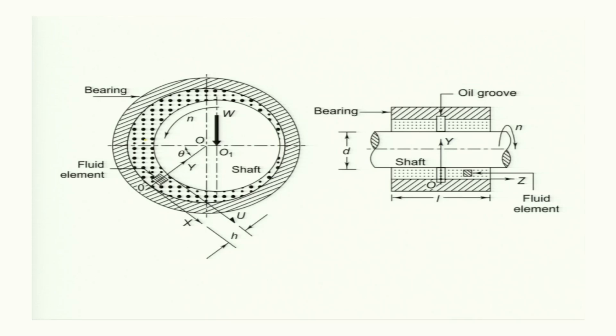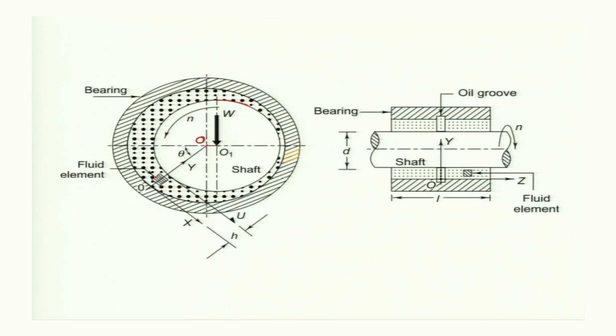Now, with this assumption, we have taken a bearing shown as a hashed part, and the center of the bearing is this O. Center of the bearing is O, and the center of the shaft is somewhere here. Eccentricity is there, and this is your shaft which is rotating with the speed n, and the dotted are the lubricant in the clearance space.